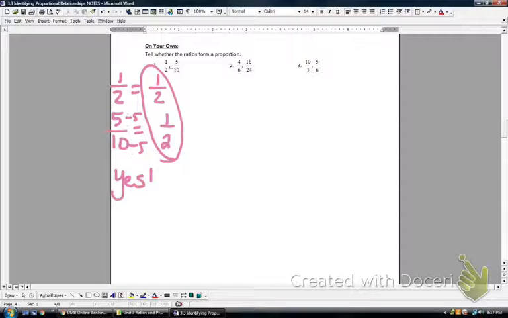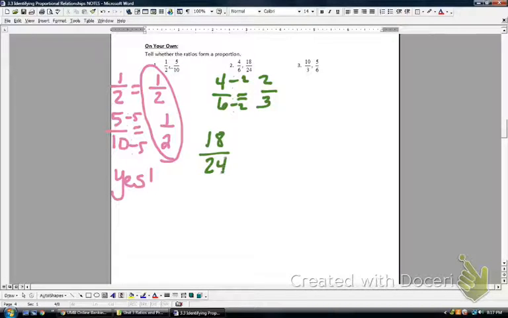So I did the first one, 1 to 2 simplifies to 1 to 2, and then 5 to 10 simplifies to 1 to 2. So those simplify to the same thing, so they are proportional. Let's look at the next one. I have 4 to 6, and I can divide the top by 2 and the bottom by 2, so that simplifies to 2 to 3.